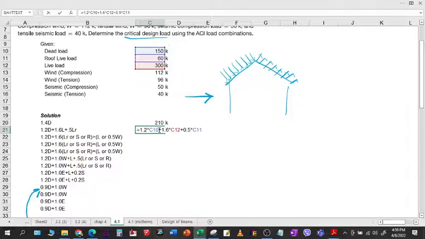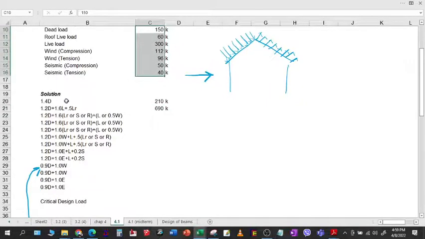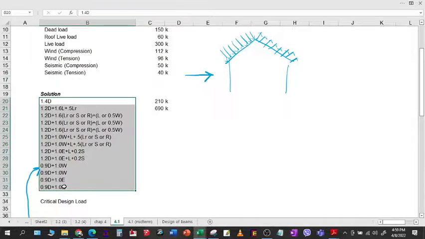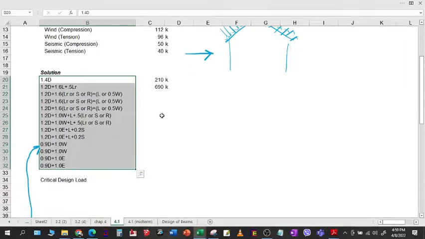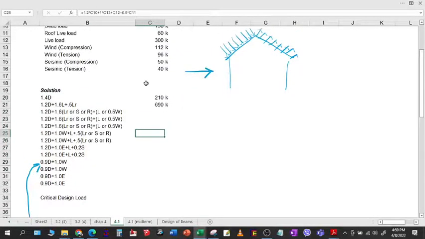Alright? So just substitute all of these values here to the different load combinations, considering the positive and negative magnitudes. Okay, so try to use your calculator.